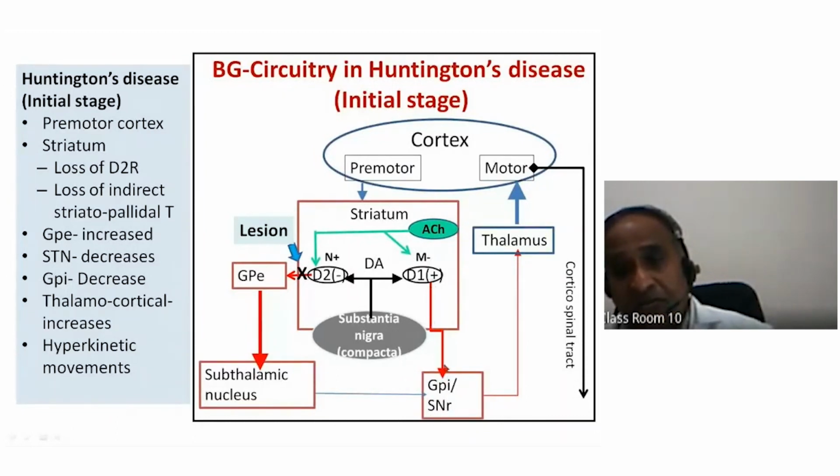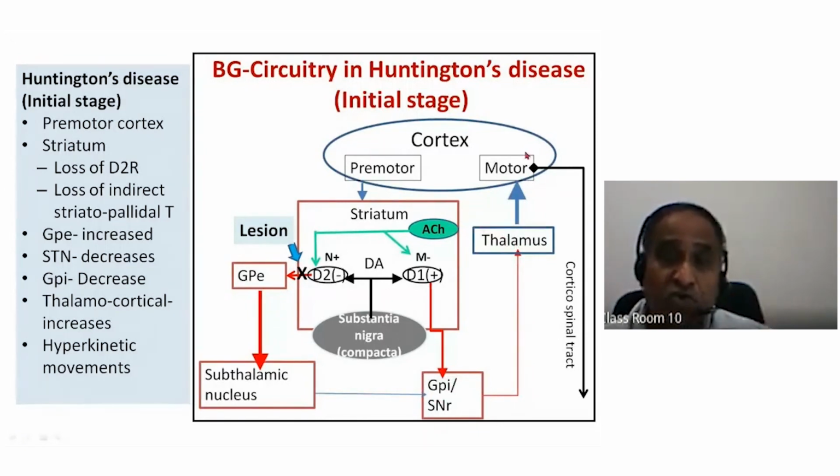The direct pathway is inhibitory, and there is less excitation from the indirect pathway. So what happens? This output is decreased because it suppresses the GPI activity. And the output going to the thalamus is suppressed. So now whatever output goes from the thalamus to the motor cortex, the thalamocortical projection, is enhanced.